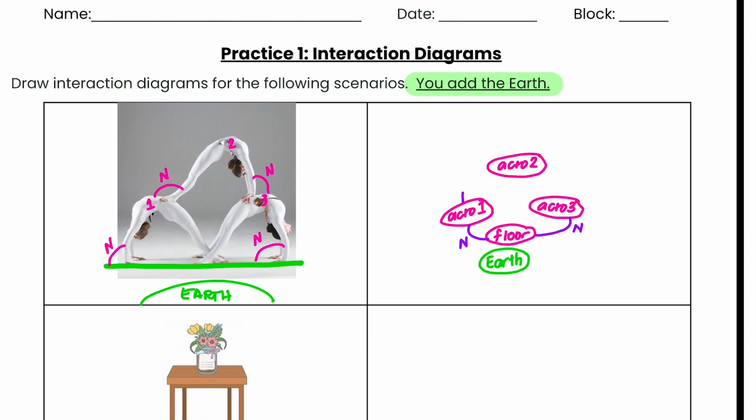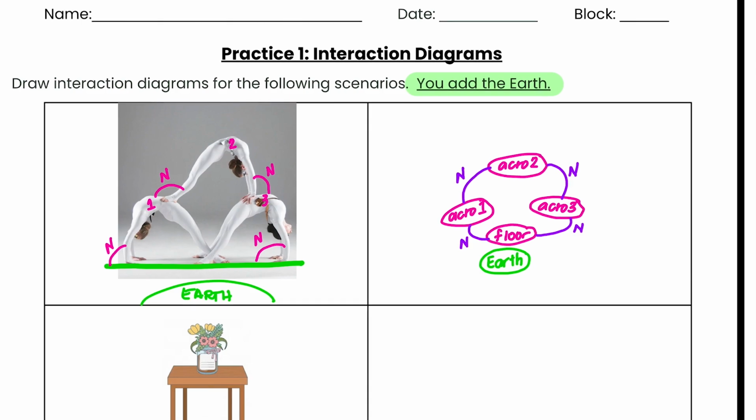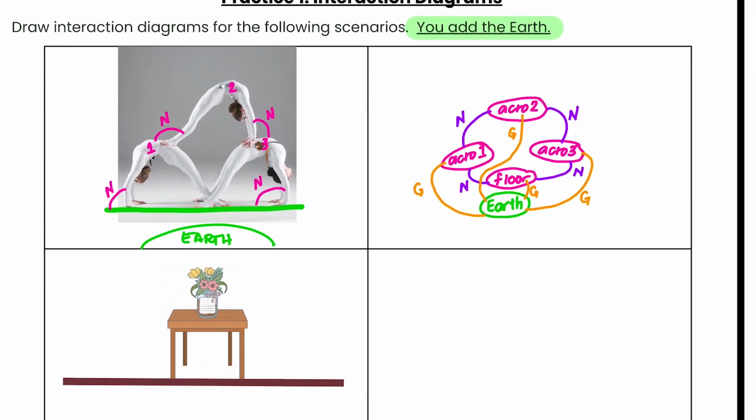However, acrobat number 1 has an interaction, and acrobat number 2 and 3 both have an interaction. All of these objects have a gravitational interaction with Earth. Acrobat number 2 and Earth have a gravitational interaction, and acrobat number 3 and Earth also have a gravitational interaction. So that is our interaction diagram for the acrobats.